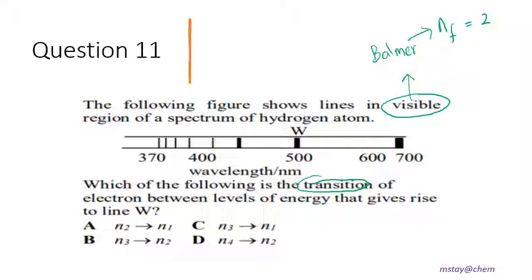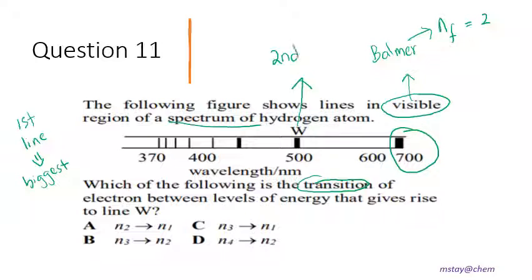When you are given a spectrum of the hydrogen atom, first we need to find the first line of this spectrum. The first line normally has the biggest gap. So in this case, the first line is this one. So W will be considered as the second line in the Balmer series.